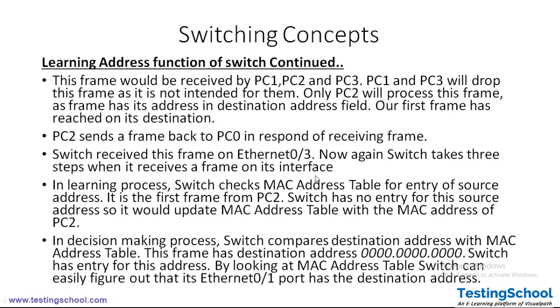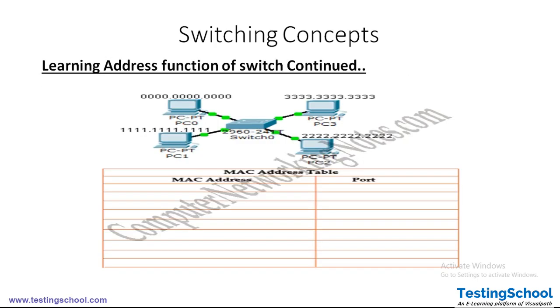The switch received this frame on Ethernet 0/3. So you can see here, this is 0/1, this is 0/2, this is 0/3.